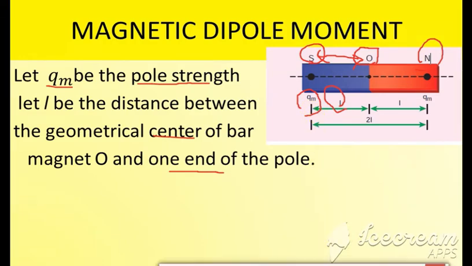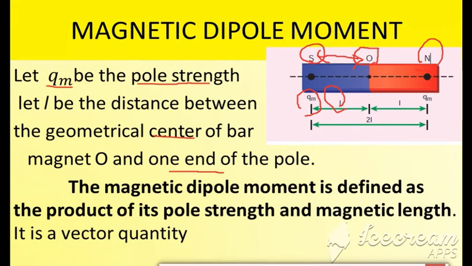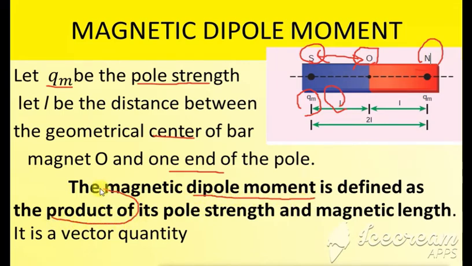Yes, clear? Next, let us consider the magnetic dipole moment. The magnetic dipole moment is defined as the product of the pole strength and the magnetic length. What is the magnetic length here? 2L. And what is the pole strength here? Qm.